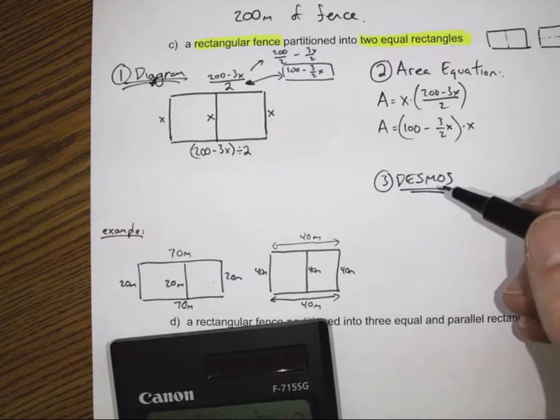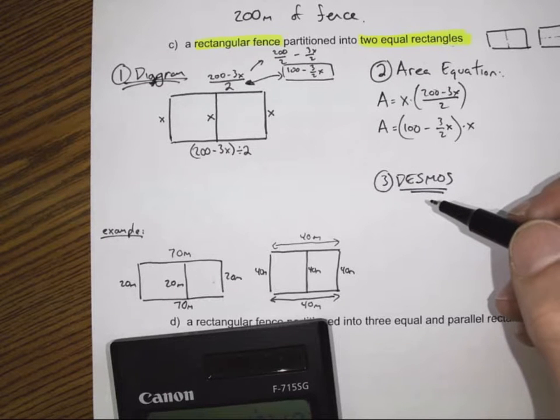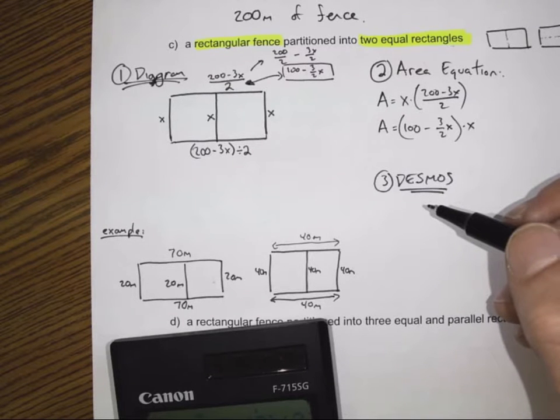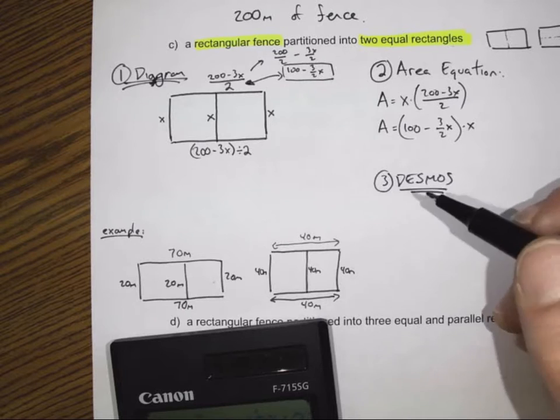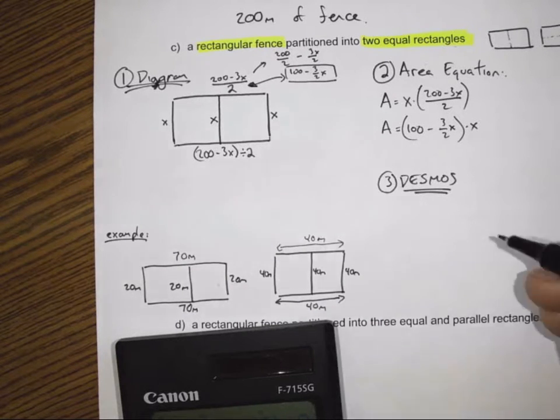Thank you for being patient there while I looked up exactly what this graph looked like on Desmos. Wow, that vertex is way up there. And I end up with a vertex.